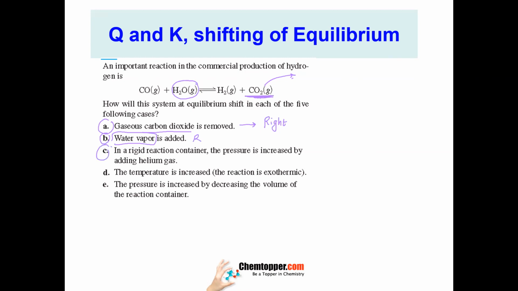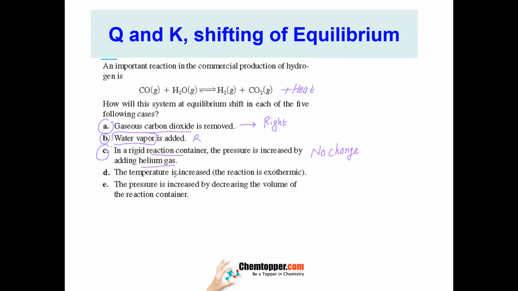C. Rigid container helium gas is added. Remember, I told you that inert gas added in a rigid container, no change. Yes, no change. Very good. D. Reaction is exothermic. Exothermic means heat is here on the product side.